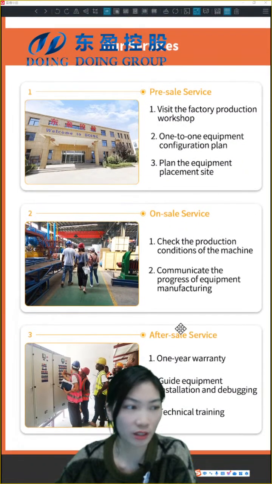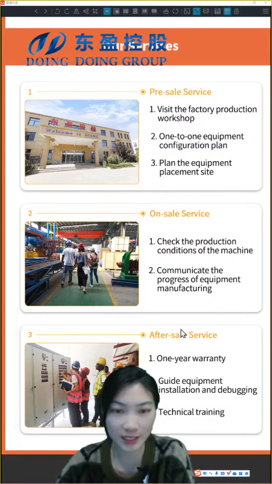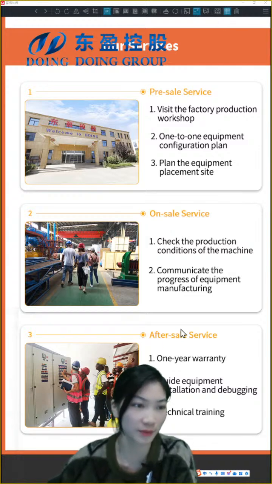It's easier for you when you receive the machine and install it according to the layout. Then after the production is finished, we welcome you to come and check the machinery. You can inspect our production. If you feel there are any problems, we will help you solve them and get your satisfaction. Then we will send you the machine.